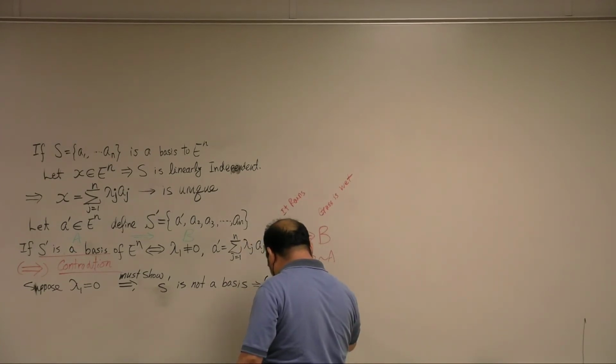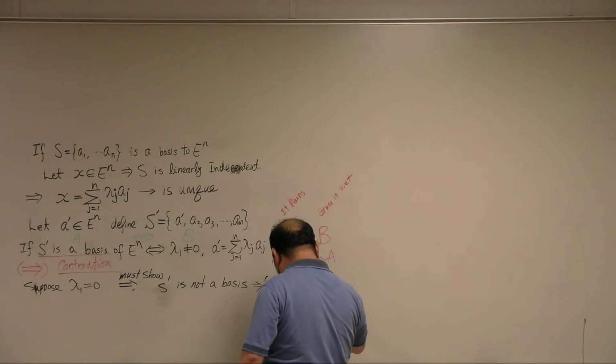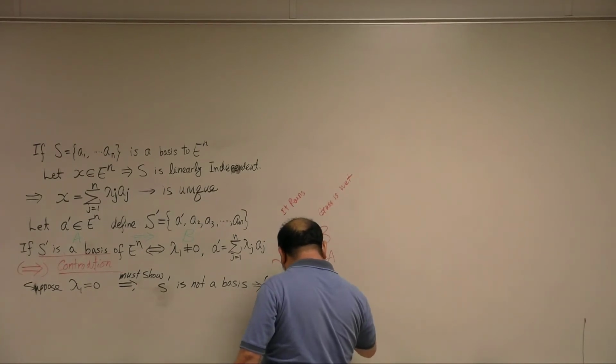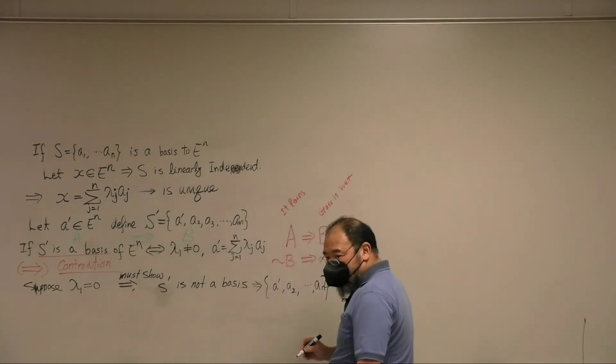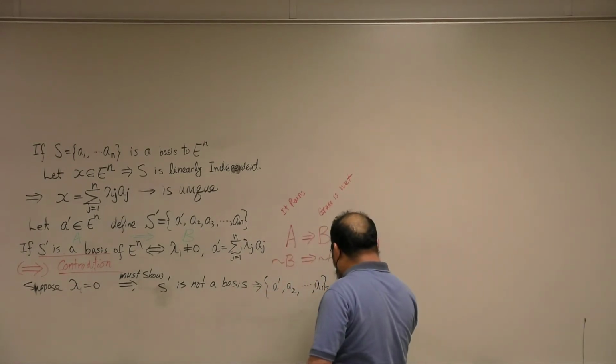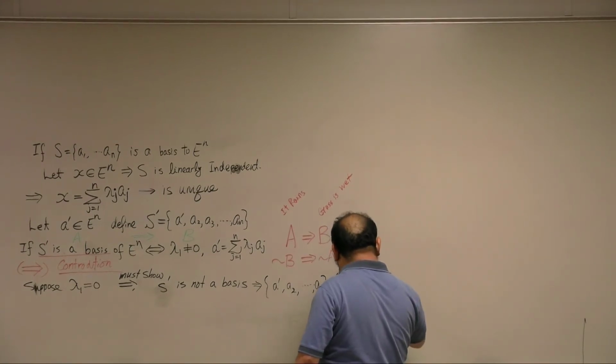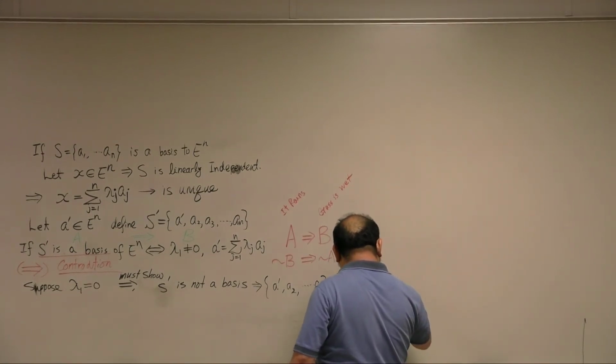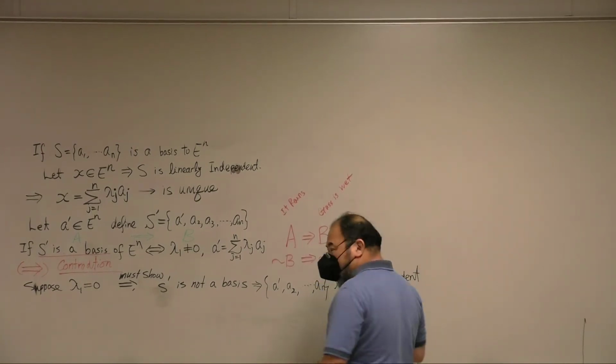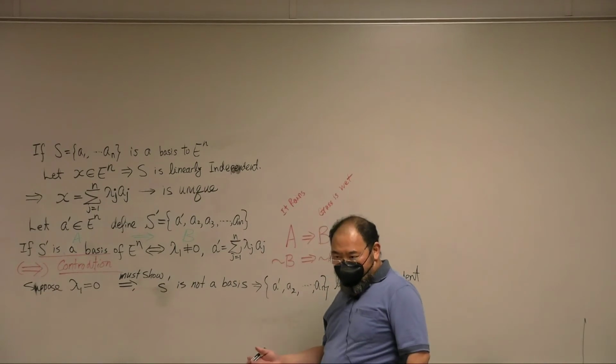A prime, A2, all the way to An, what happened? Linearly dependent, correct? What is the definition of linearly dependent?